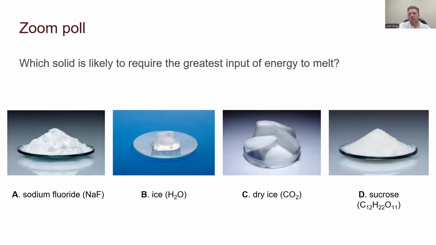Now, which solid is likely to require the greatest input to melt? Okay, we've got sodium fluoride, an ionic compound, ice, H2O, dry ice, CO2, and sucrose. I always like to think, have I seen this before? Could I make this something tangible?